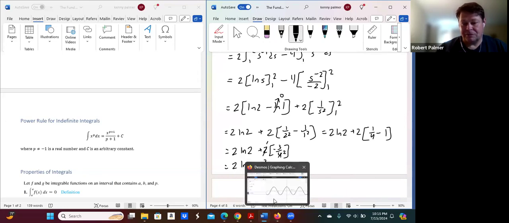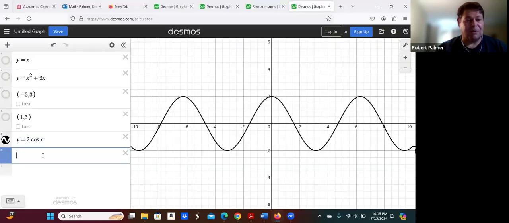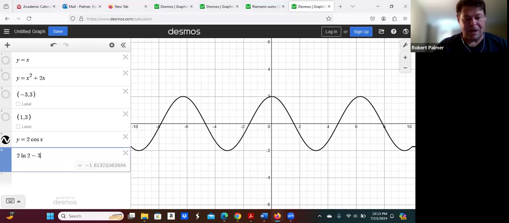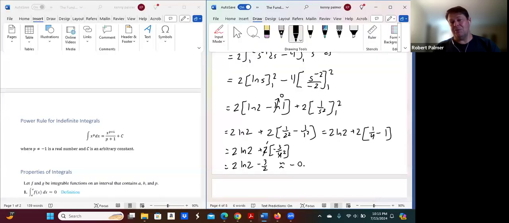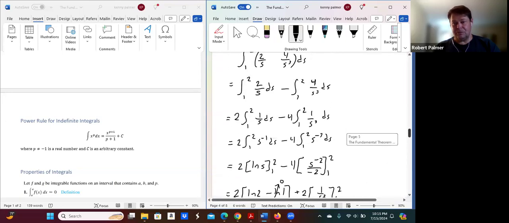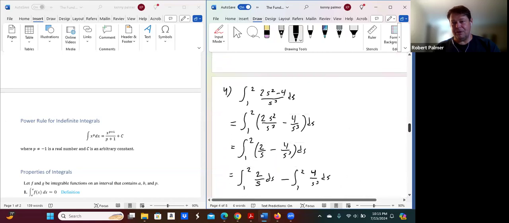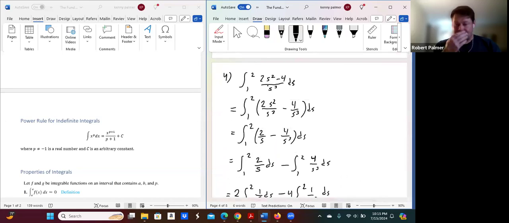So let's actually find out what that is. 2 times the natural log of 2 minus 3/2, and that's approximately negative, let's do 2 places, negative 0.11. Yeah, so if you have a fraction like this, the best thing is to break it up into more than one fraction and then do the same rules.